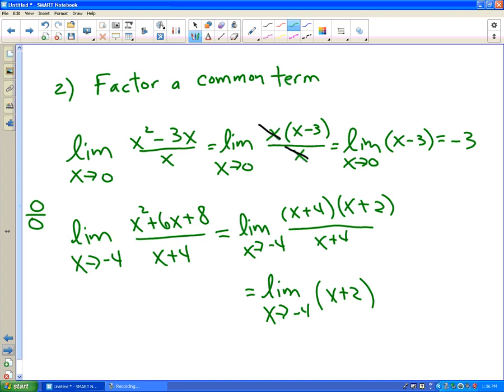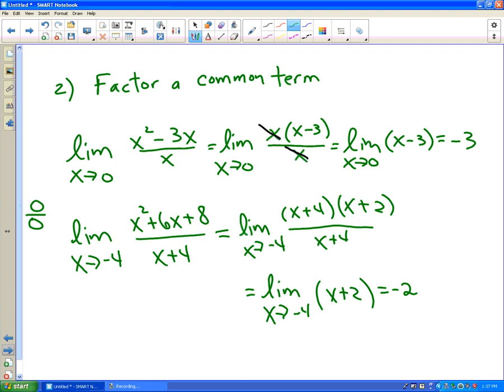What is this limit, by the way? Negative 2. As x gets closer to negative 4, we have the graph of this function, and as we follow the graph and get closer to x equals negative 4, our y value is getting closer to negative 2.